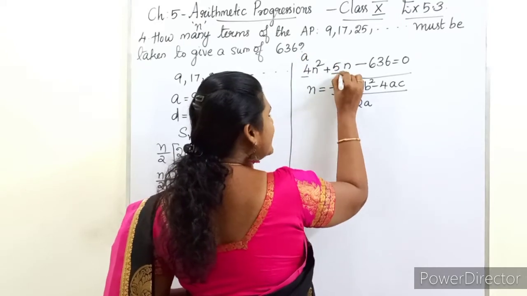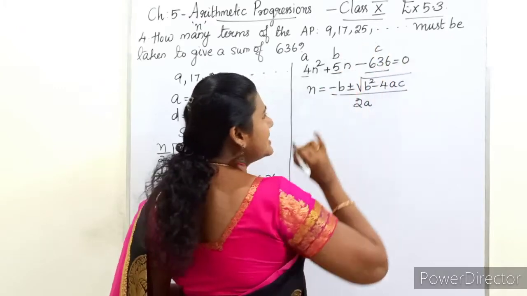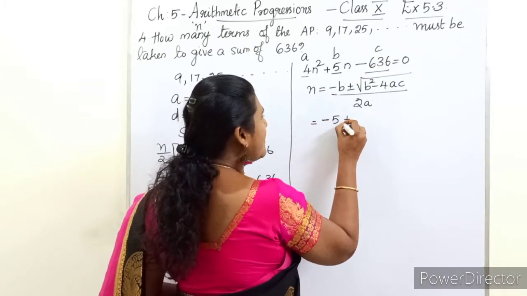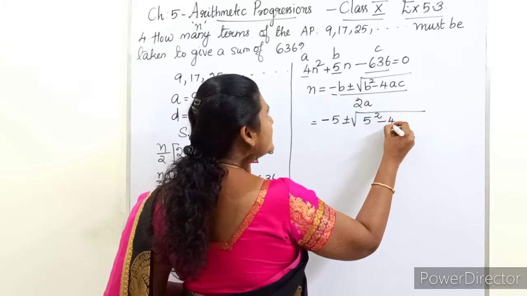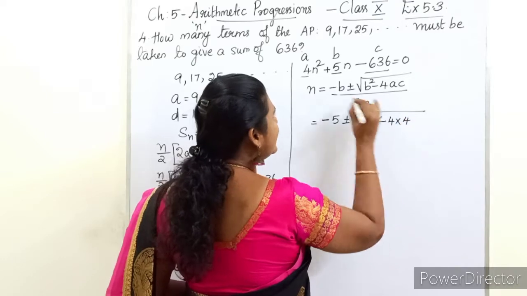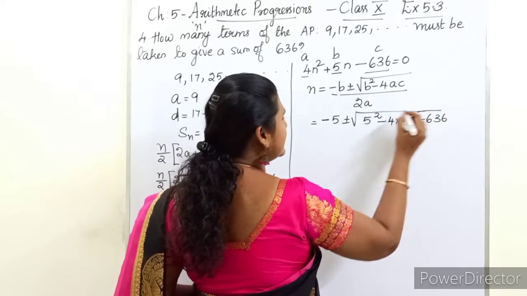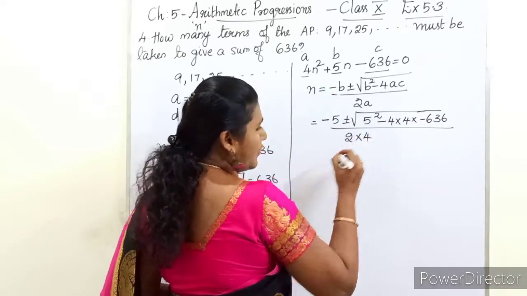Coefficient of n square is a, coefficient of n is b, and the constant term is c. So minus 5 plus or minus root of 5 square minus 4 into a is 4 and c is minus 636, divided by 2 into a value is 4.